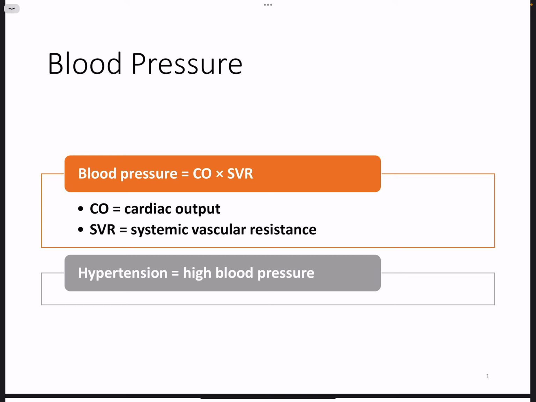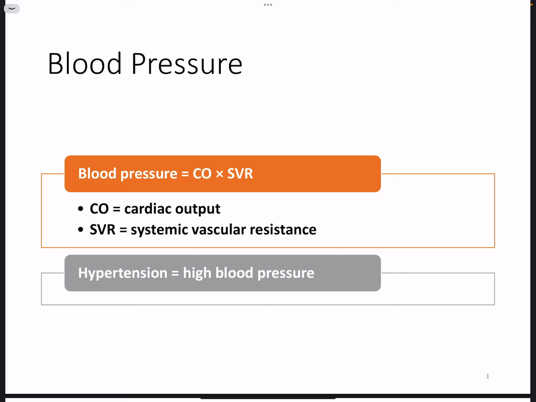So renal failure or renal impairment is the most important reason for secondary hypertension. You can say 5 to 6% of patients or even more will be suffering from secondary hypertension due to renal failure. But again, mostly you will find patients with primary or essential hypertension.